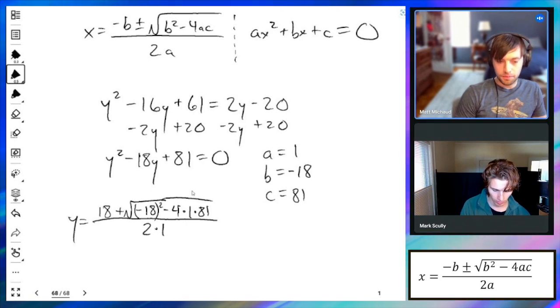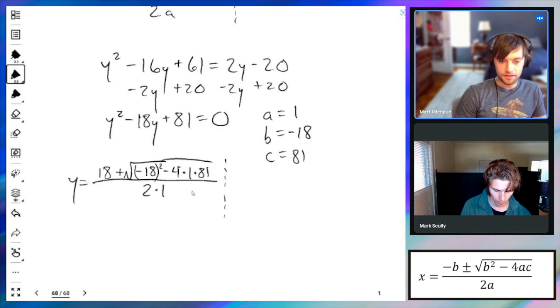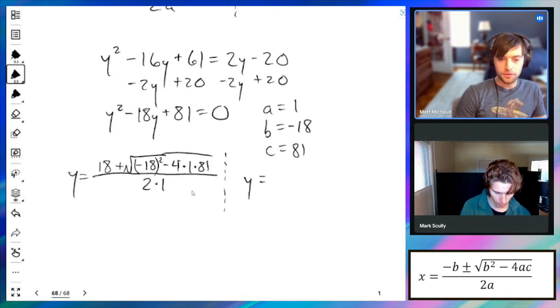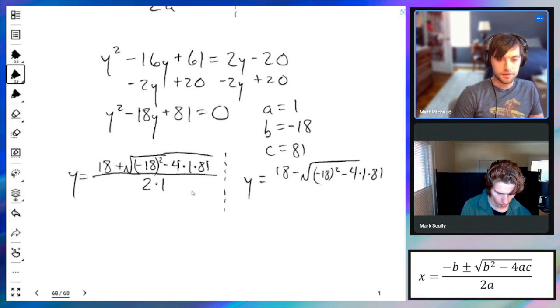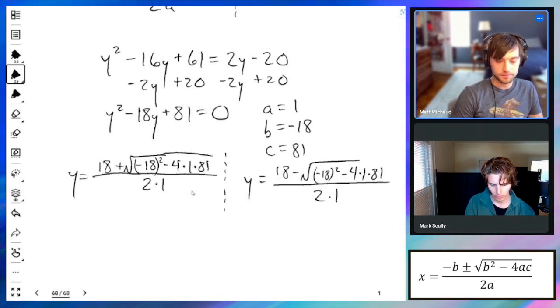And for the other point, 18 minus the square root of negative 18 squared minus 4 times 1 times 81, divided by 2 times 1.